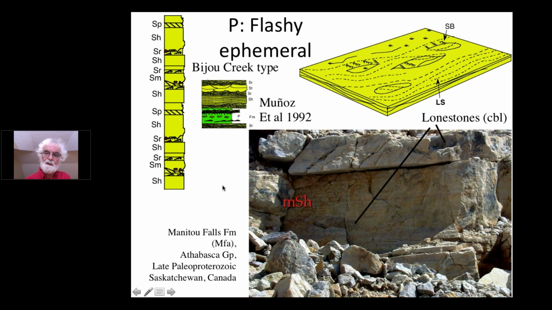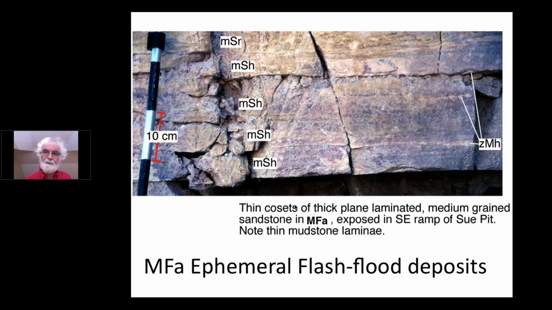And in this case, you can see those thin mud drapes in here in the Manitou Falls Formation, but we can also see these very large blocks or clasts, lone stones, that indicate that we're getting deposition from upper flow regime conditions. Stacking these, there are the muds, still less than 1% of the whole package, but they may produce some vertical heterogeneity in terms of fluid flow.